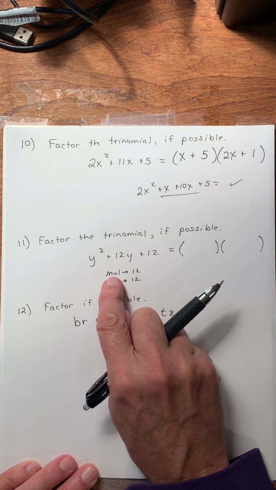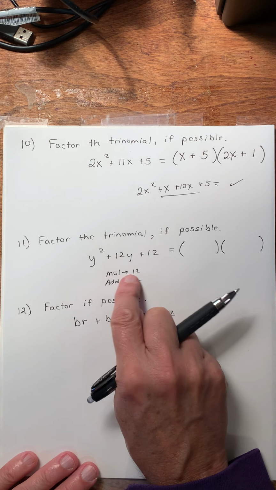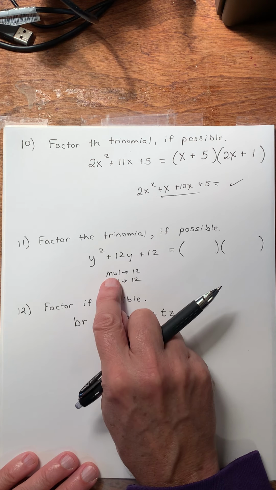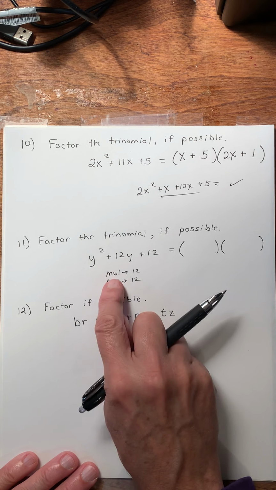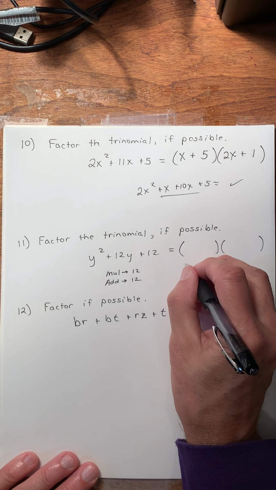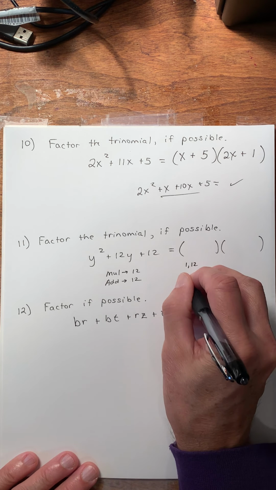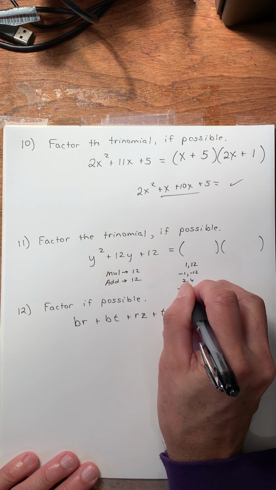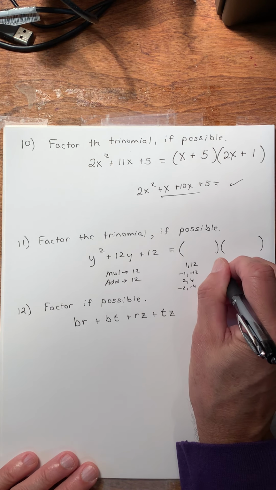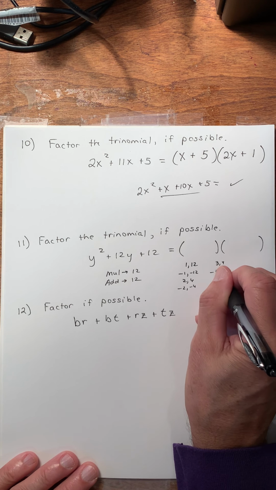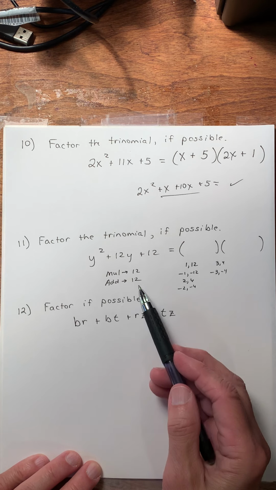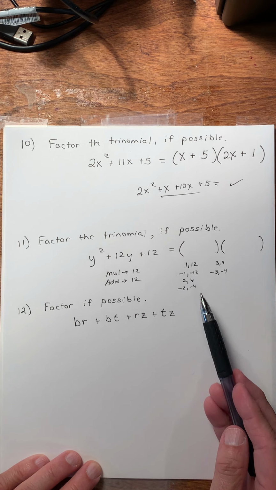Start always with your multiplication options. Those are very limited. The addition options are infinite. So I start with my multiplication options. What can I multiply to get 12? Well, 1 and 12, negative 1, negative 12, 2 and 6, negative 2, negative 6, 3 and 4, negative 3, negative 4. That's it. That's all I can multiply to get a positive 12. Now here's the question.